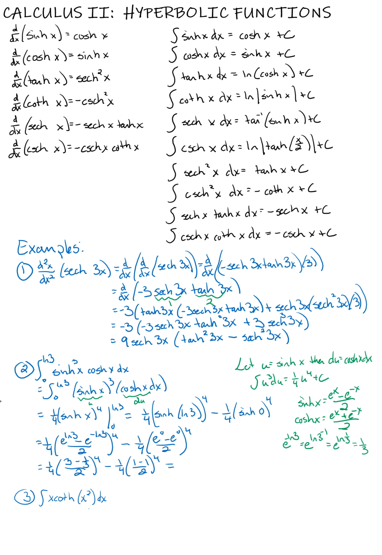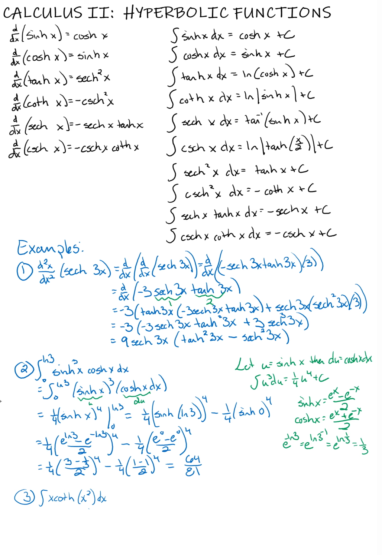It should all simplify down to 64 over 81. Let me just make sure I've got that written correctly. Yeah, I'm happy with that. 64 over 81, that works just fine.